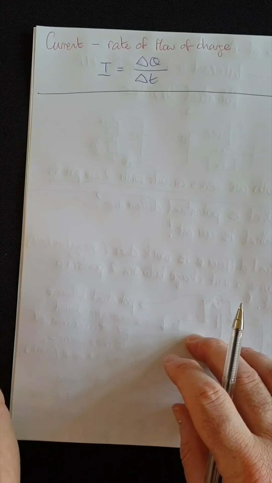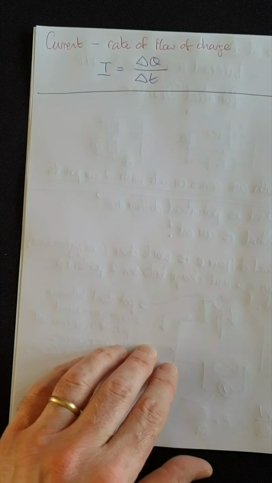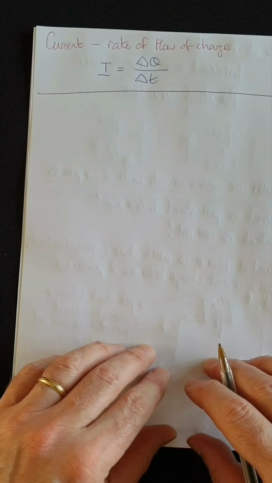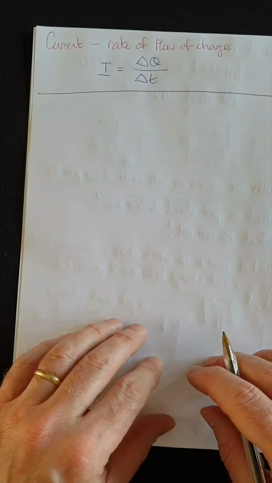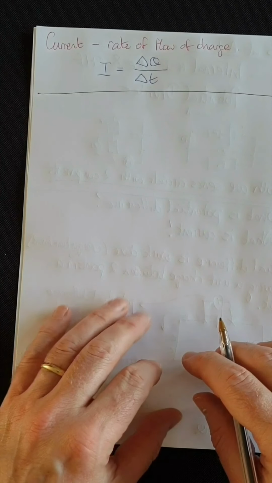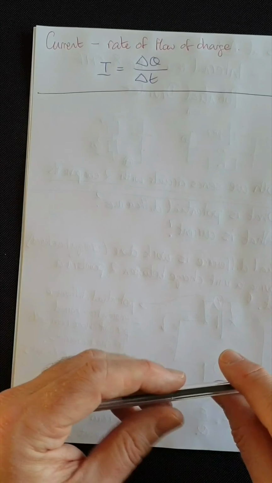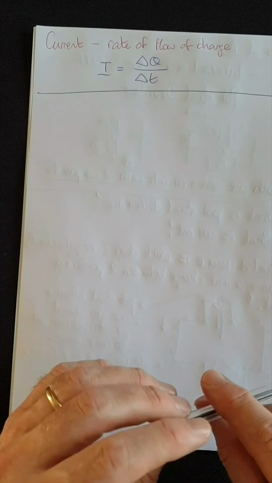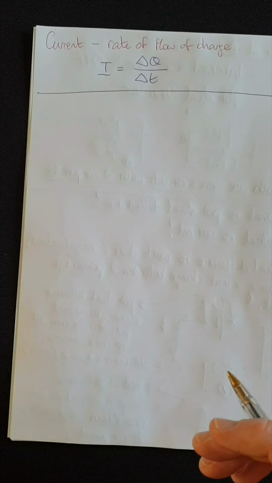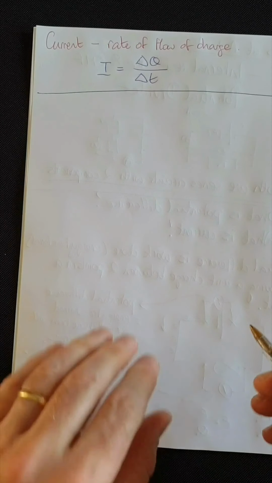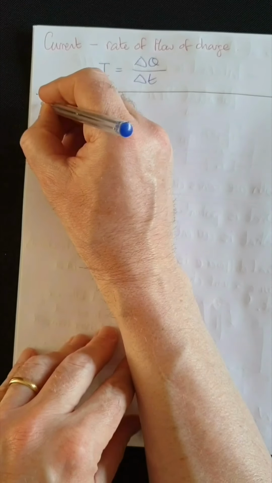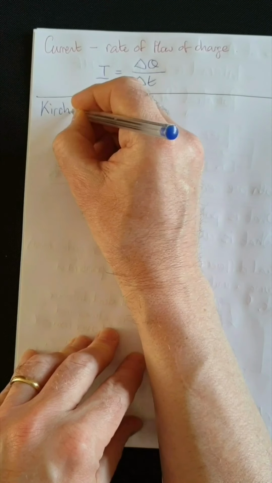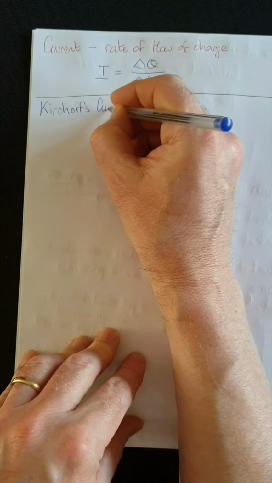That transfer is happening at a particular rate given by our current, and we can analyze how the circuit behaves using the ideas of potential difference and current. These ideas were formulated as laws by a man called Kirchhoff, and he came up with two of these laws. So first of all, we can talk about Kirchhoff's current law.